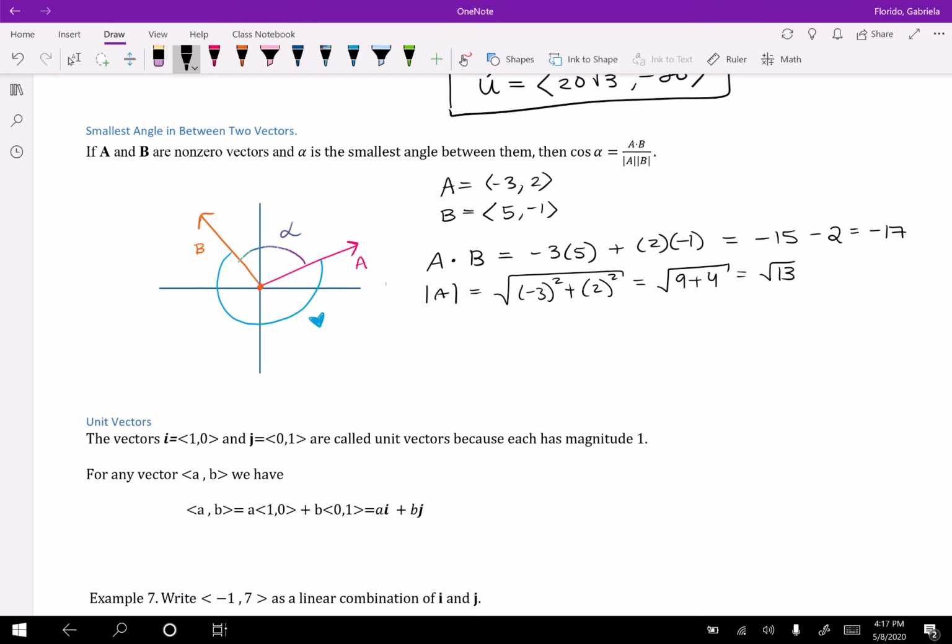Now let's find the magnitude of b. It's going to equal the square root of 5 squared plus 1 squared, which is equal to the square root of 25 plus 1, which is the square root of 26.